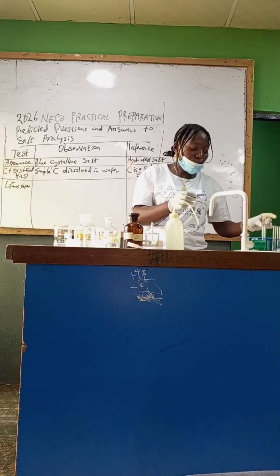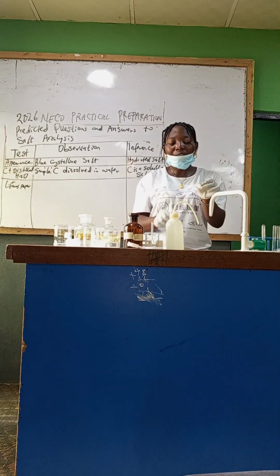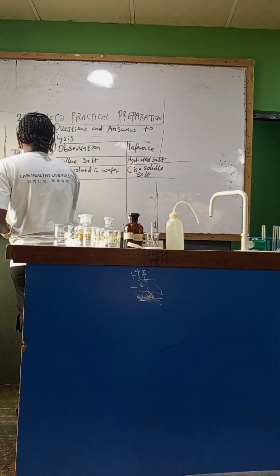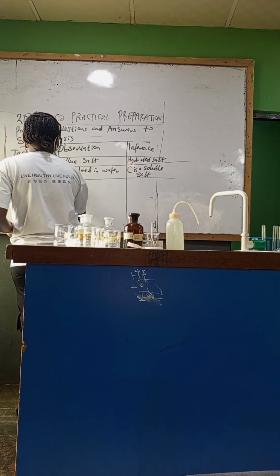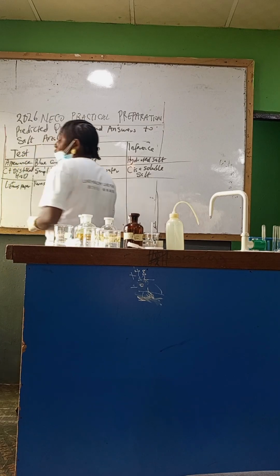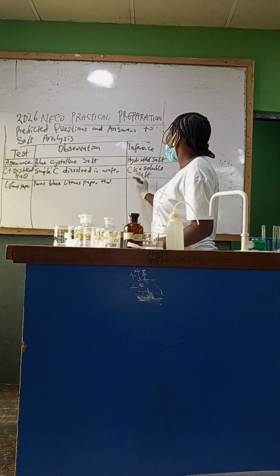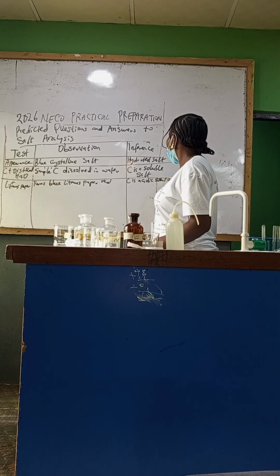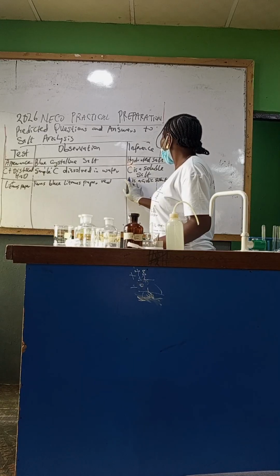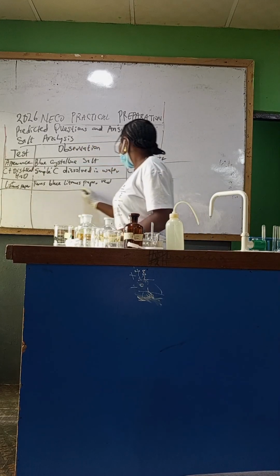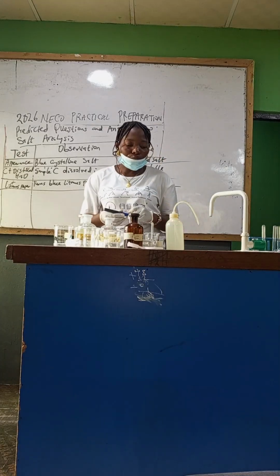It turns blue litmus paper red. Then under inference, C is an acidic solution.